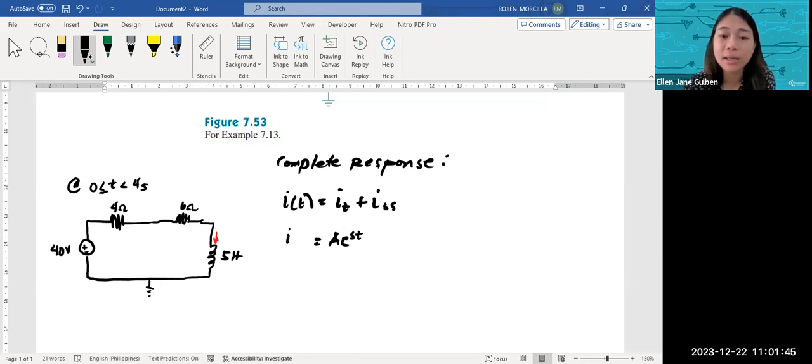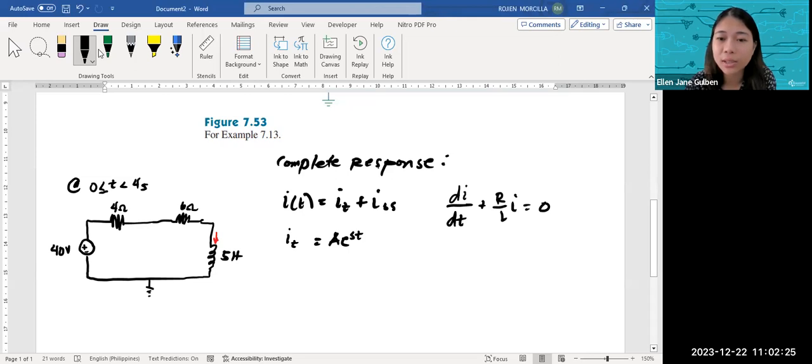But first, before we can apply the solution, we need to know the differential equation of our source-free RL circuit. So for the source-free RL circuit, you have di over dt plus R over L i equal to 0. Okay, so let's say that this is the solution for our transient.